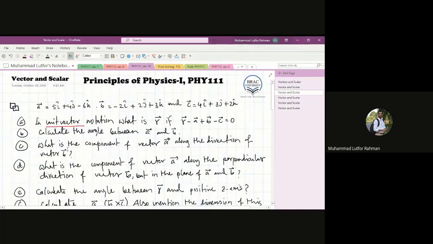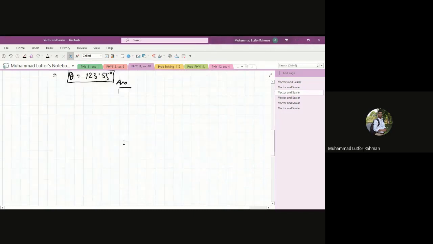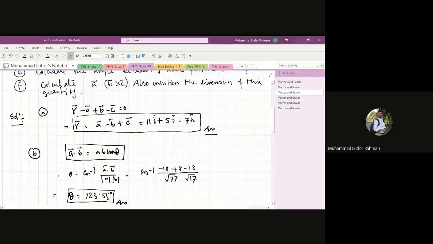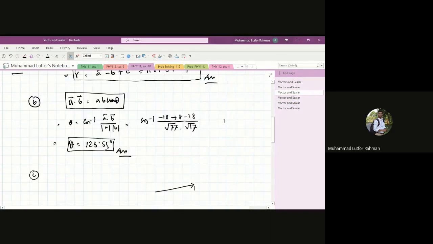Question number C, what is the component of vector A along the direction of vector B? Try to understand this one. Say I have these two vectors. I know that the angle between these two vectors A and B is 123.